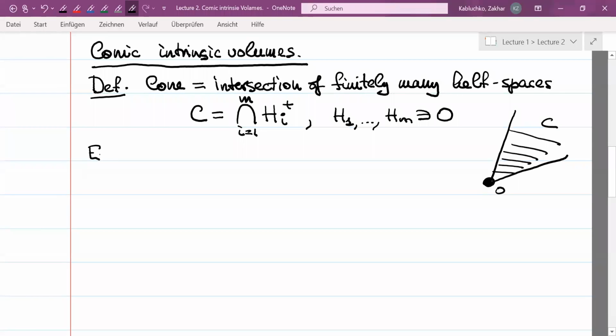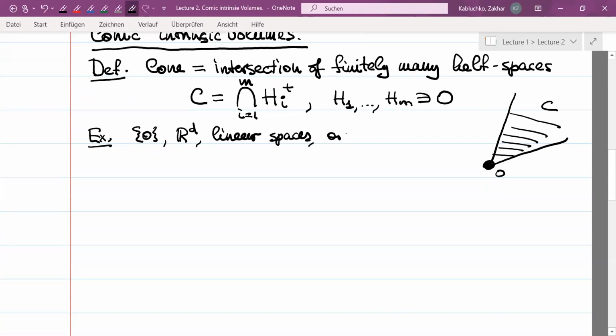In general, there are trivial examples. For example, 0 is an example. R^d is an example. Linear spaces are examples. Or, for example, the orthant R^d_+, which is the set of all points x such that all coordinates are non-negative for all i.